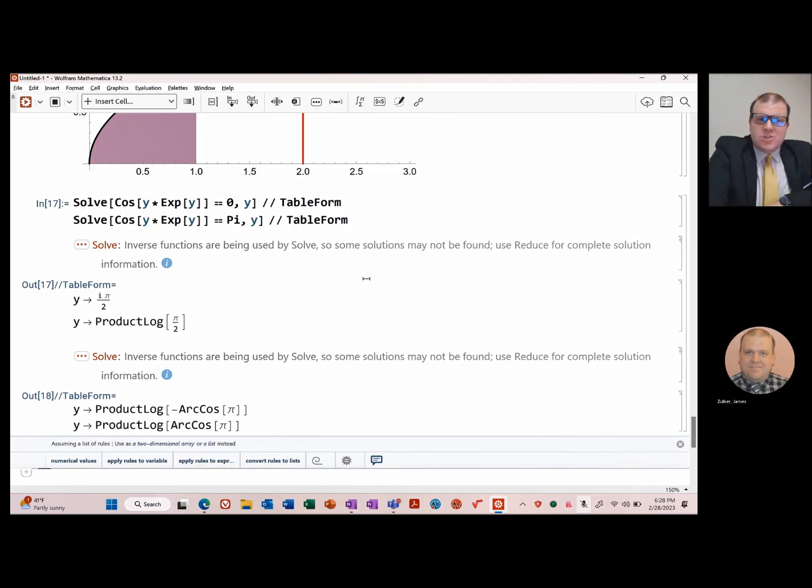Solution, so this is chapter 2, what section is it? 2.3. And it was what, 141? No, 139.